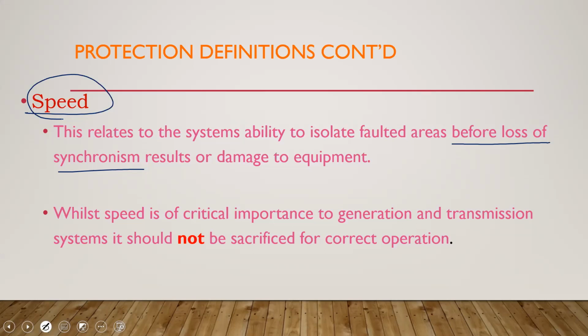And whilst we have not looked at it, you may hear the term critical clearing time, meaning the maximum time that the fault can remain on the system before the generator loses synchronism. So speed is important, but it should not be sacrificed for correct operation.